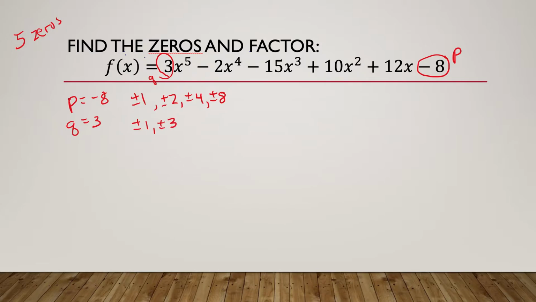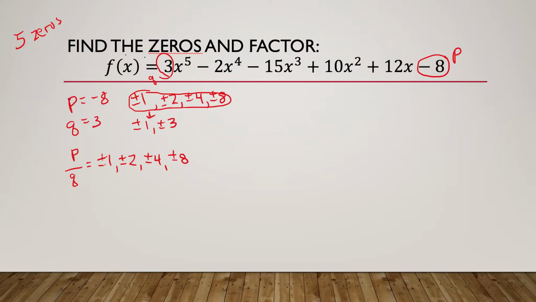All right, so the next thing that we're going to do, remember, is that we're going to write fractions. So we're going to do p over q. We're going to do all of our p values over the 1 first. So nothing's going to change when I do that. 1 over 1 is still 1. 2 over 1 is still 2. 4 over 1 is 4. 8 over 1 is 8.